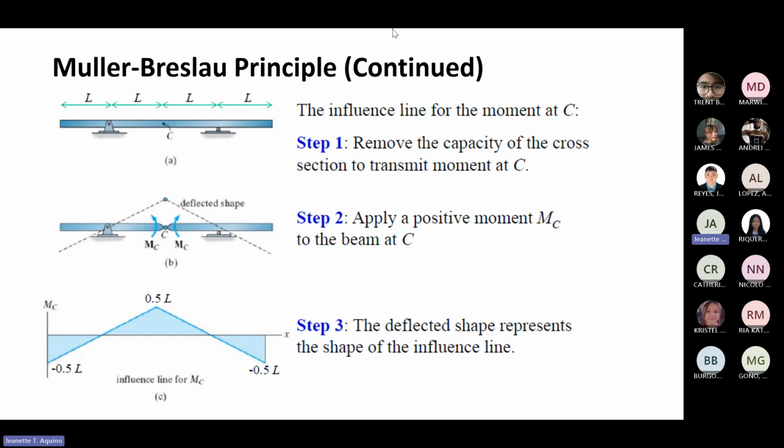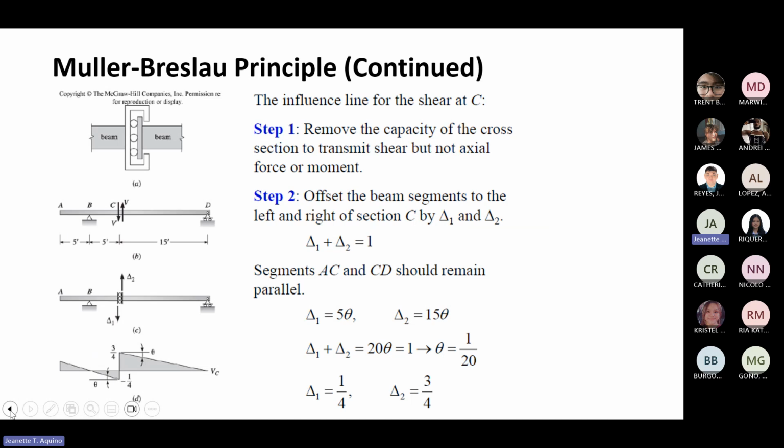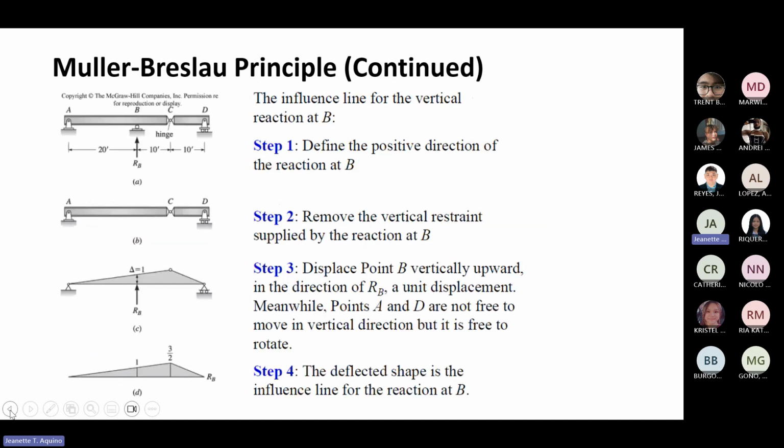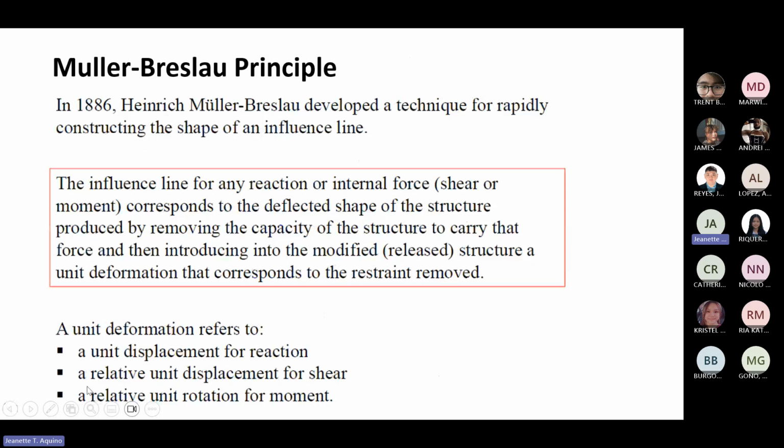Okay, so the influence line for the moment at C. First is the introduction. The Muller-Breslow principle: in 1886, Heinrich Muller-Breslow developed a technique for rapidly constructing the shape of an influence line.